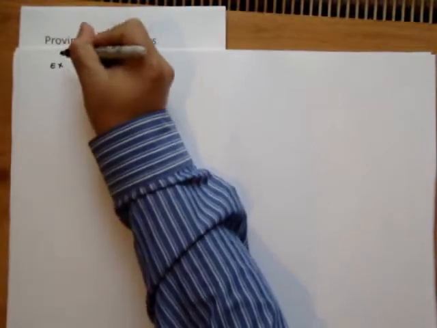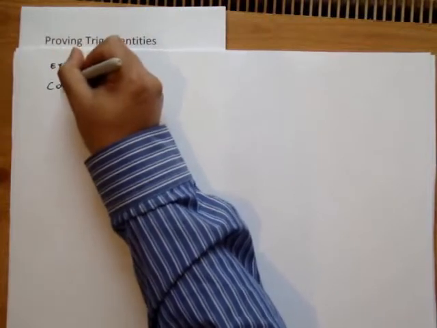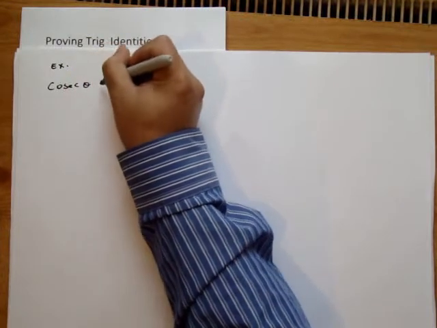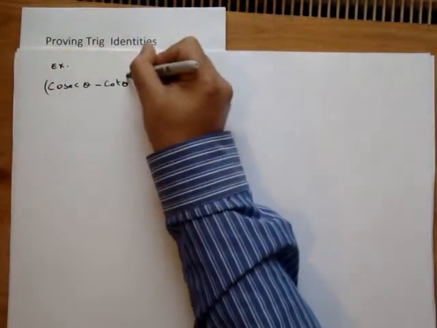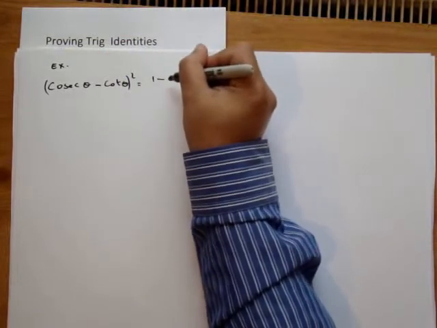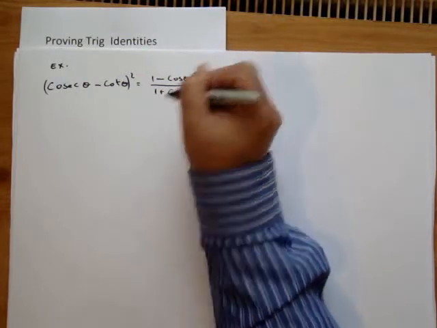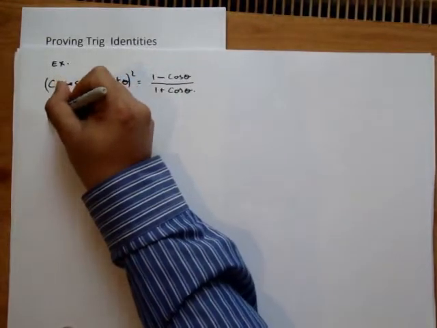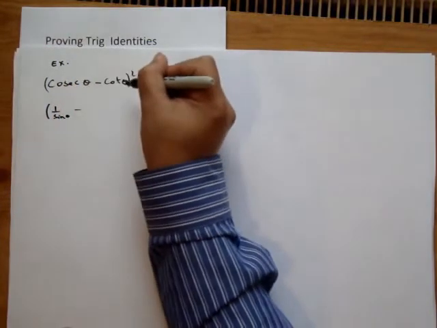For example, cosec theta minus cot theta, all squared, equals 1 minus cos theta all over 1 plus cos theta. So cosec is nothing but 1 over sine, minus cotangent.